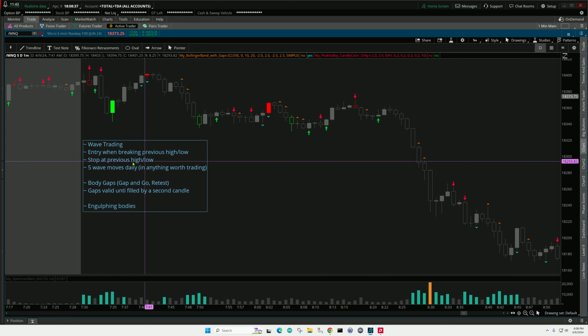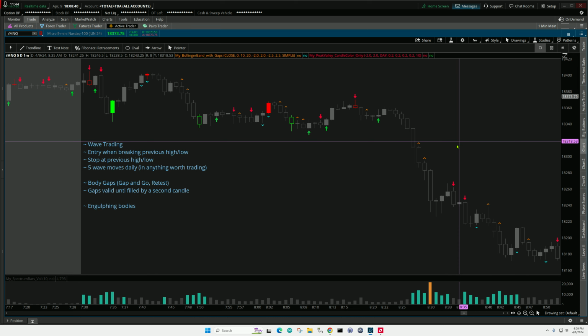So a lot of times when you're seeing gaps between the candles, you want to see gap and go. So right here, the price breaks down under the previous wave low, it gaps lower. This is always a good indication that price is going to keep trending in that direction. Same thing here. Price came up, gapped down, and it keeps going down.